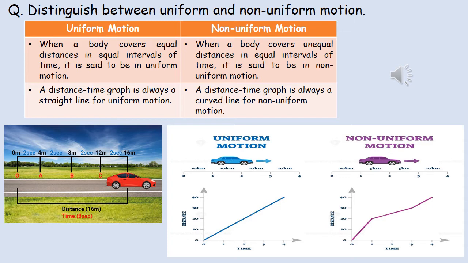So it is an example of uniform motion. But in the second figure, in the second case, we can see that for equal intervals of time, the distances traveled are varying. So it is represented by a curve.